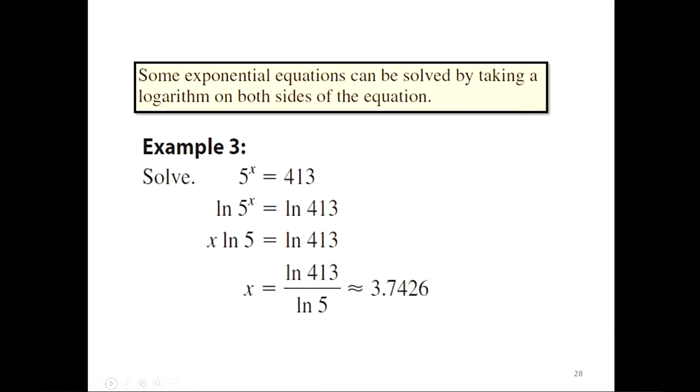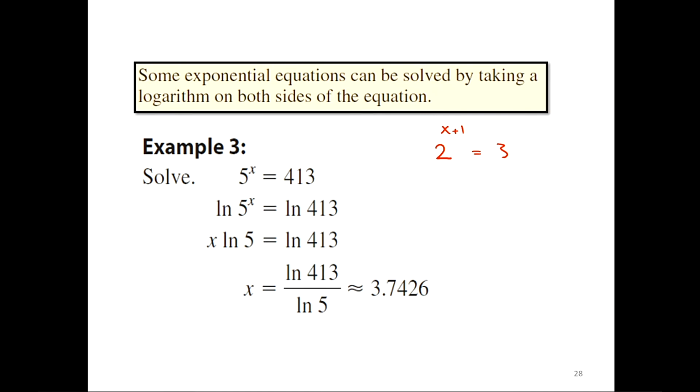Sometimes we cannot find the relation between both sides, for example 2 to the power x plus 1 equal to, for example, 3. We cannot find the relation between 2 and 3.